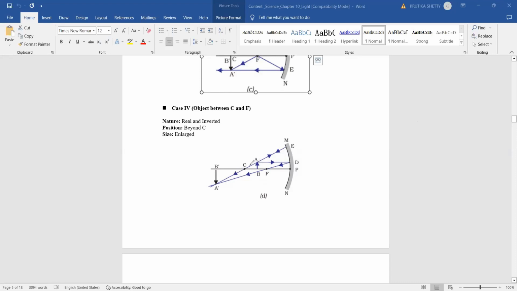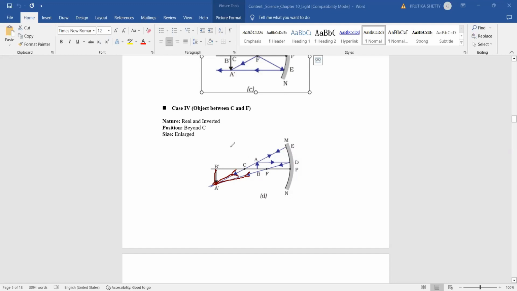You can see they have considered this line. The line from the object goes like this, and when you extend it, it meets at the center of curvature. According to the law, when it is passing through the center of curvature, it should return back in the same direction. You can see the arrow mark, it is returning back in the same direction. After reflection they are meeting at this point. Here the image is formed.